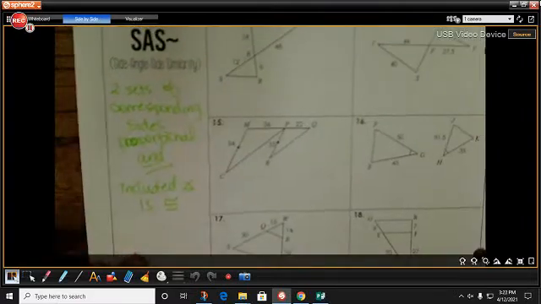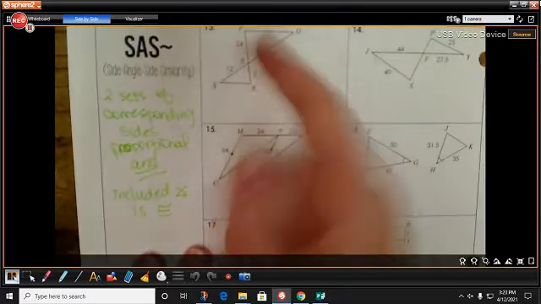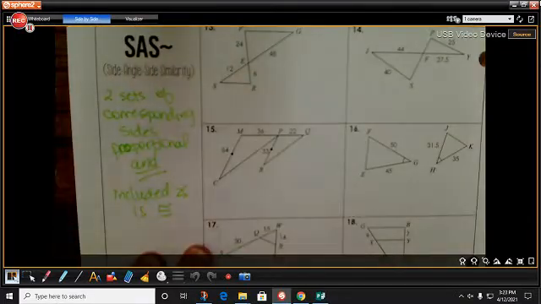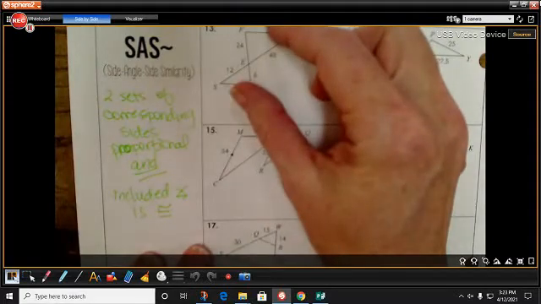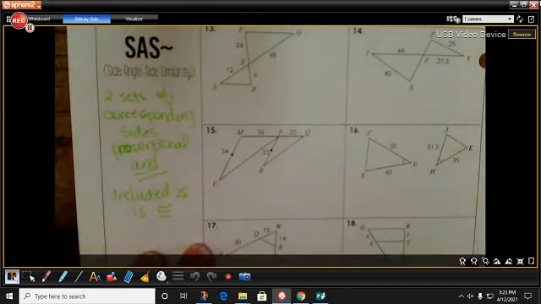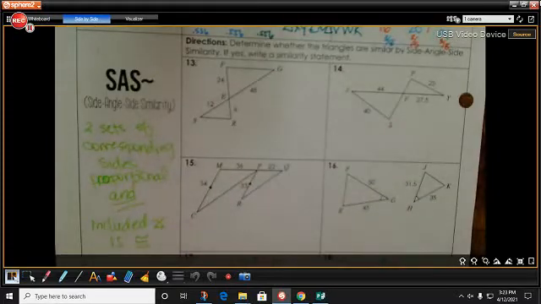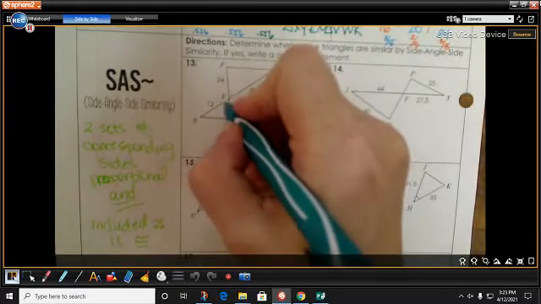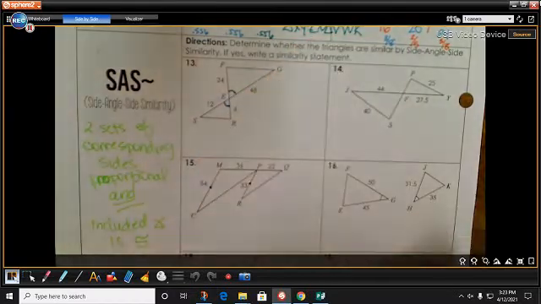So I'm basically mixing the other 2 sets. I need some stuff that's got proportional sides, and then I need the angle that's in between those proportional sides to be congruent. So looking at these 2 triangles, I have an angle that's congruent.